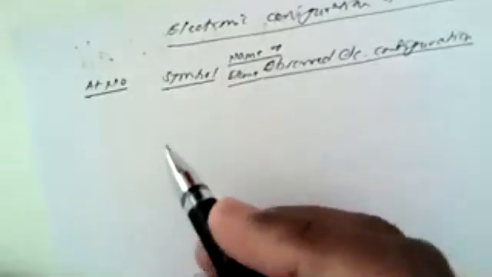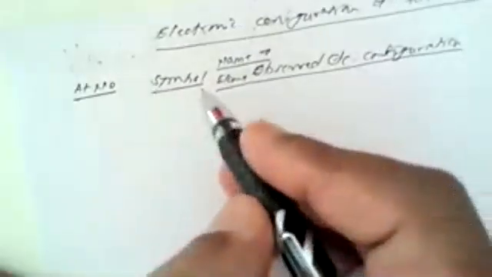So I'm not threatening you, but you have to remember all these facts: the atomic number, symbol, name of the element, and observed electronic configuration. So first of all, we shall finish these three columns, that is the atomic number, the symbol, and the name of the element. Once we get familiar with all these three parameters, then we shall study the observed electronic configuration.